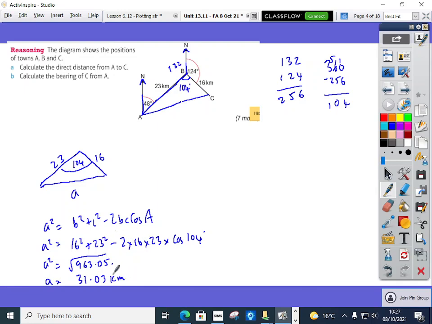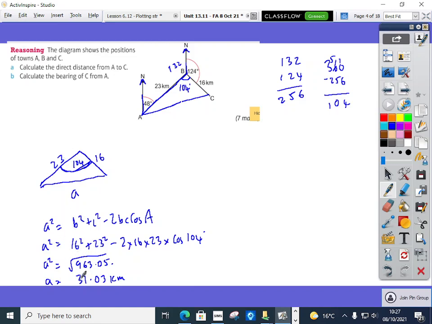Now, another way of quickly having a go: when you've got 31, what you should realize is that it is opposite the biggest angle, and that 31 looks about right to me. It should be bigger than 23 and 16 because it's opposite the biggest angle there. If I had got 22, I know for a fact I've done something wrong. If I got 15, I definitely got something wrong.